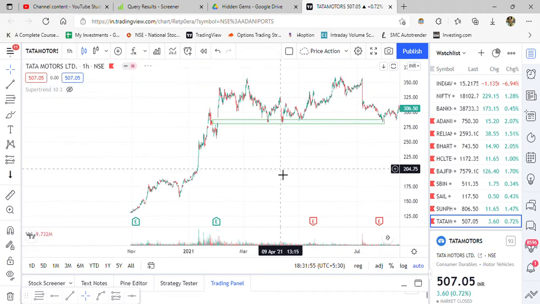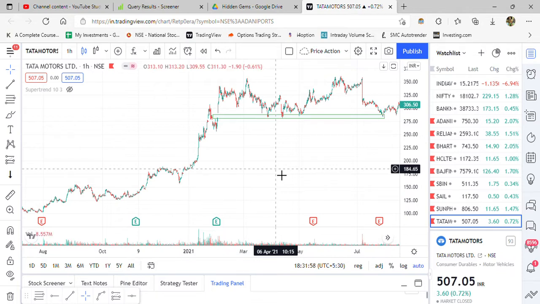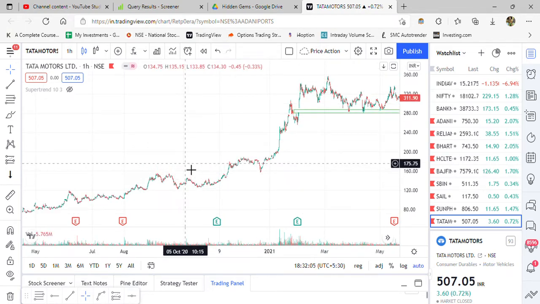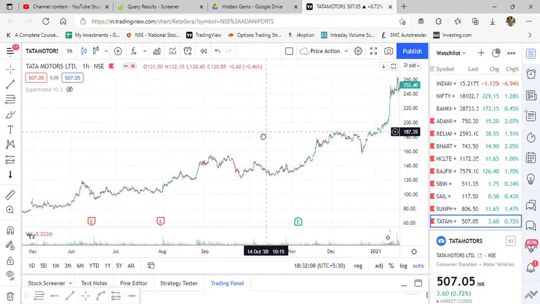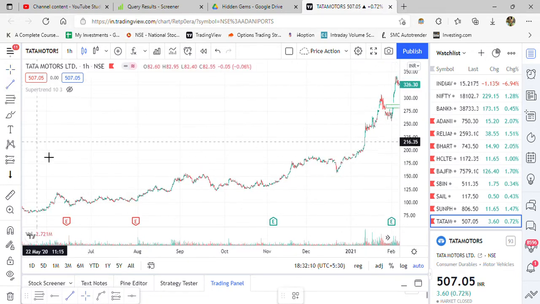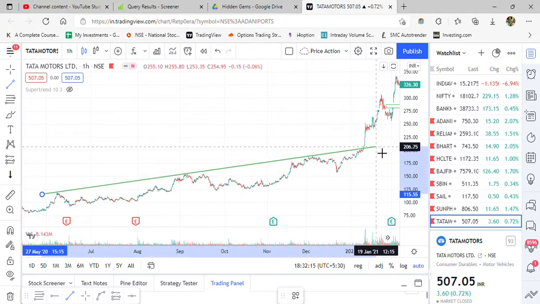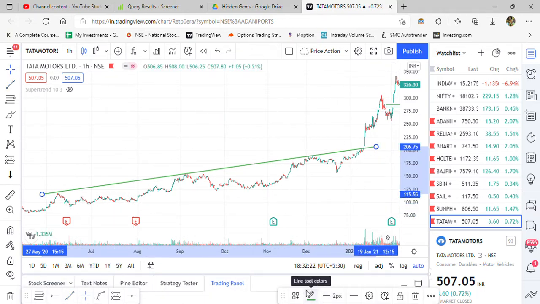Now there is no definite target rule for the trend line. For example, if I mark one trend line, this kind of trend line here. So now see this. This is almost 6 months duration, maybe more than that.